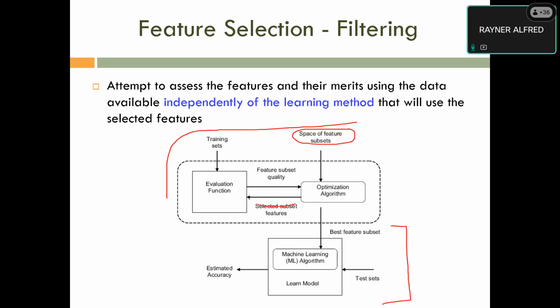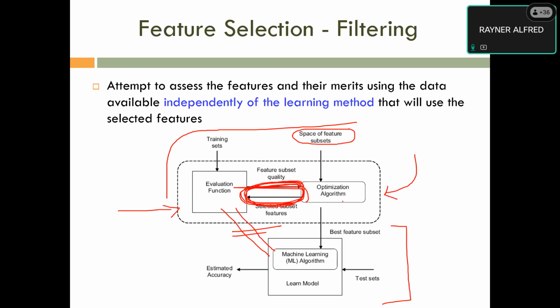So we will go around here to find the best subset of features. And the function that we use to evaluate will not be the same as this. So they are not the same, which means that we filter the features based on a different method. And when we perform the testing, we use a different algorithm again. We call it filtering because we are using a different approach to filter them.